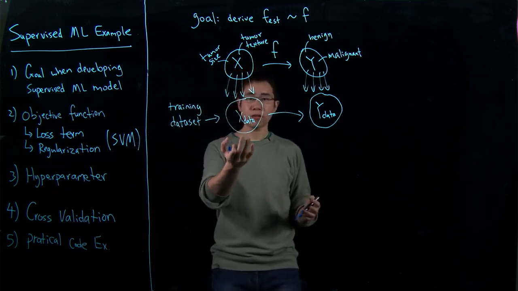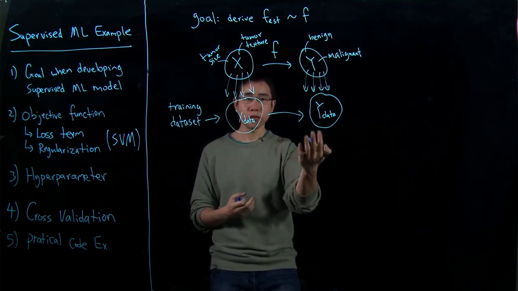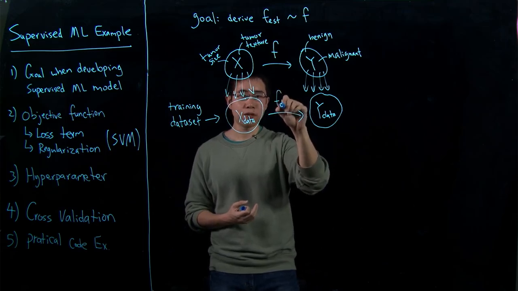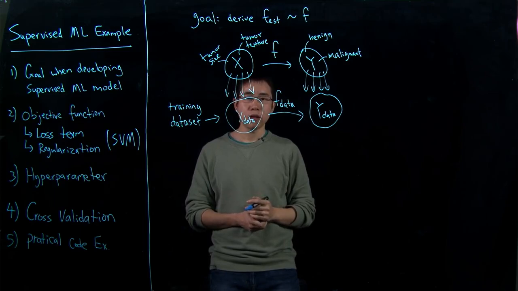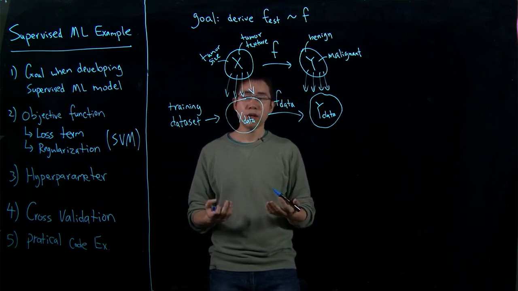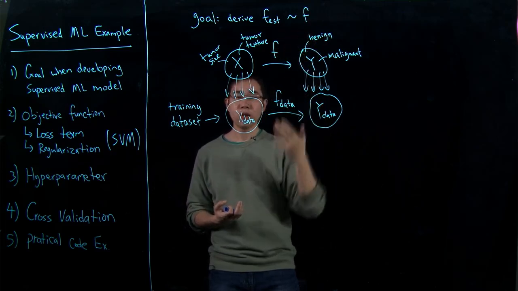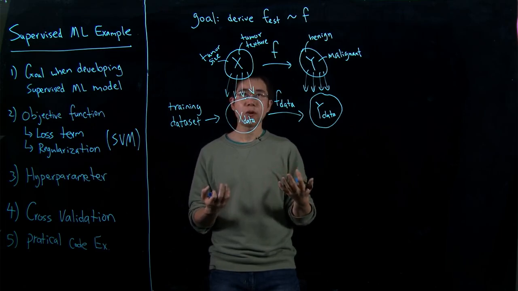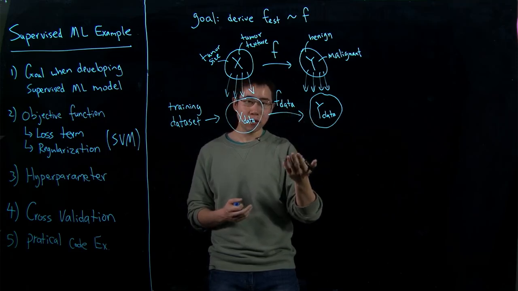Now, this X data and Y data, let's call the relationship between these two a function f data. And let's now say that if we want to find a function f estimate that approximates f, we can simply first look for a function f estimate that approximates f data.